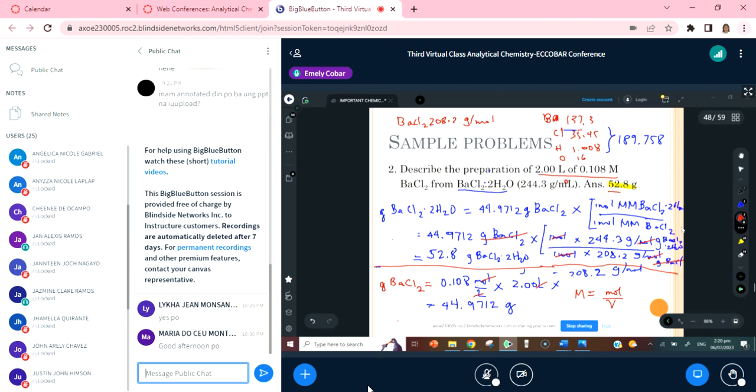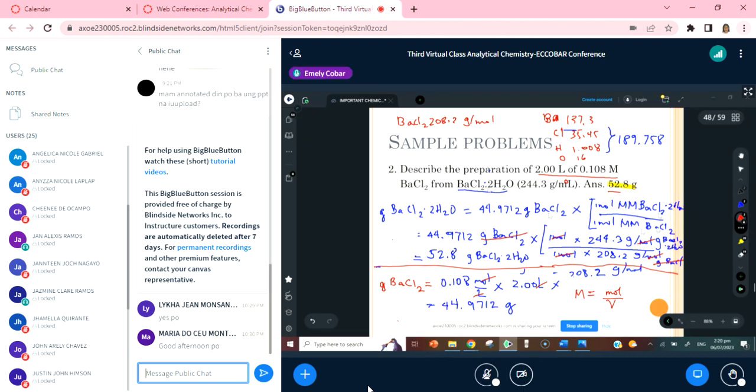Ang sabi natin, ang chemical factor is just the ratio between the molar masses of yung given natin at saka what we are looking for. Okay? Since ang given natin is barium chloride, ang nasa denominator ng chemical factor natin ay yung molar mass ng barium chloride.